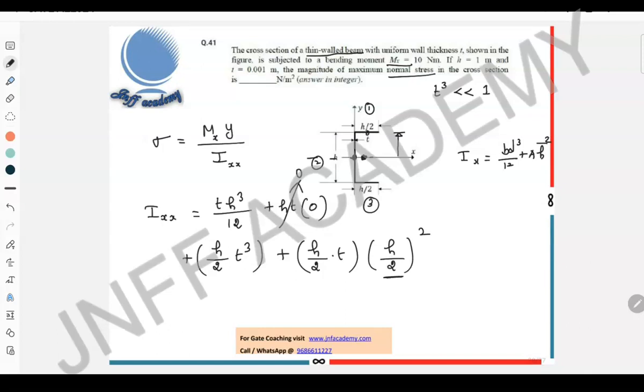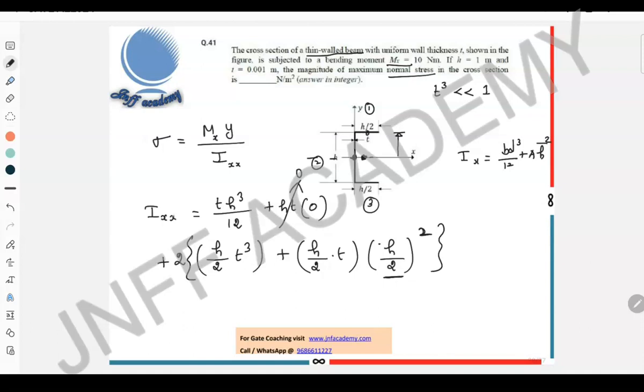This is our h bar. If I consider the third section, the bottom flange, I will get the same thing. Only thing is here I will get a negative sign, but we have a square, so this won't create any problem. So I can put 2 times over here.